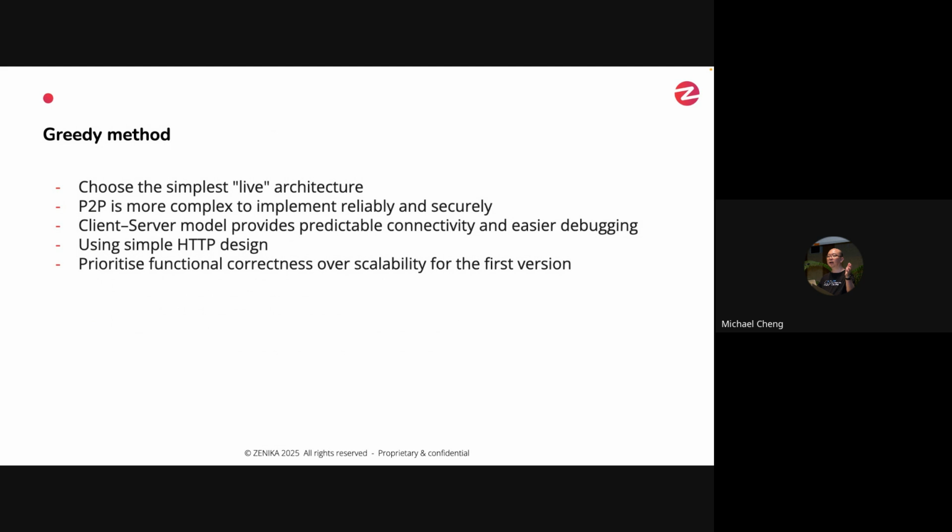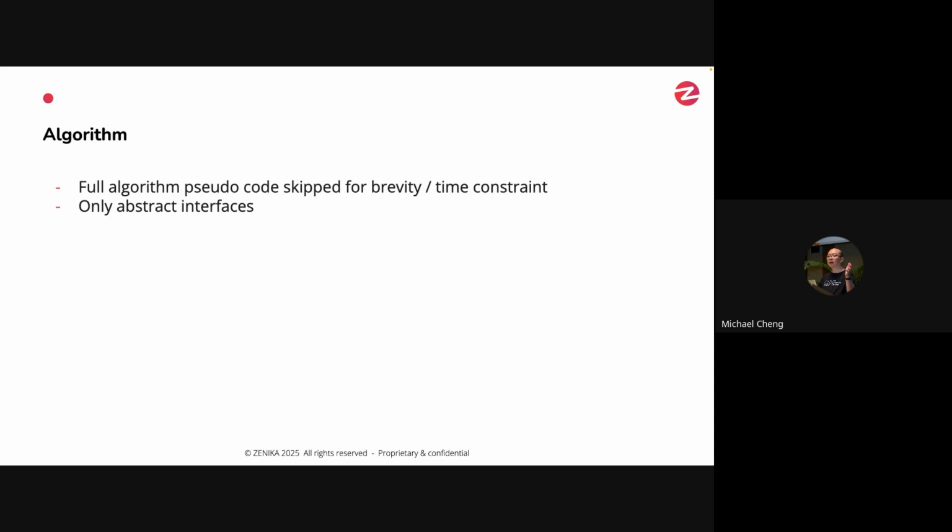The greedy method usually works for some cases, and it's also not always the most ideal, but we're going to do a very simple exercise. We're going to choose a simple live architecture, right? So we're going to go with client server using HTTP. We're going to do functional correctness over scalability.